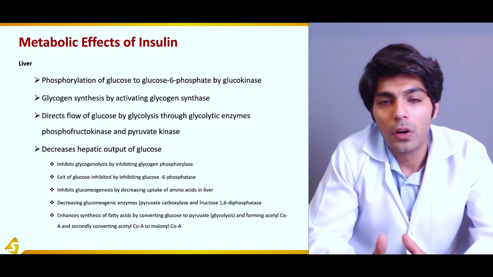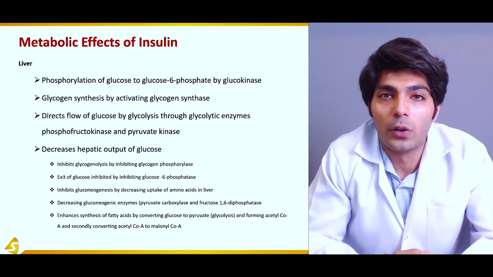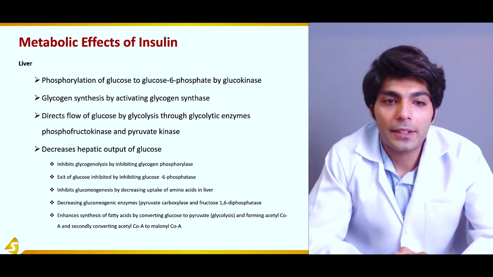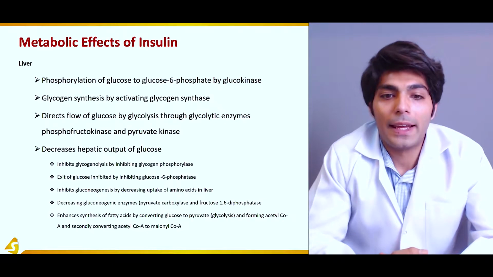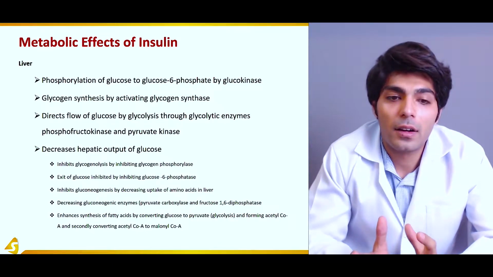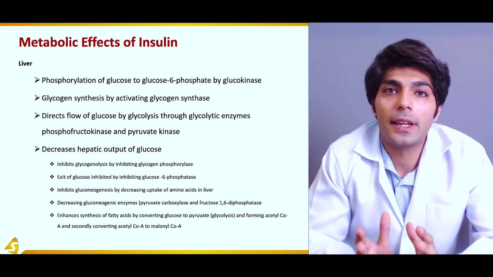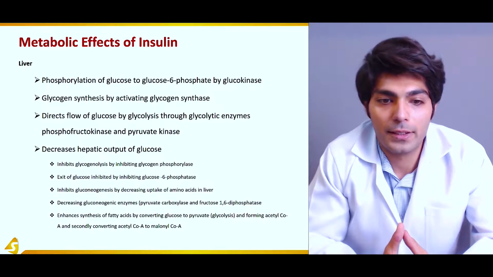So the hepatic output of glucose is decreased by the following factors. They inhibit glycogenolysis by inhibiting glycogen phosphorylase. The exit of glucose is inhibited by inhibiting glucose 6-phosphatase.